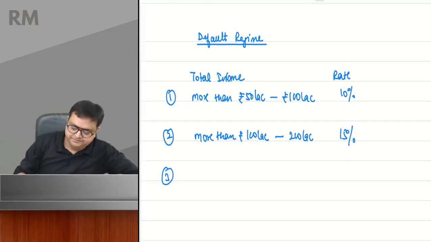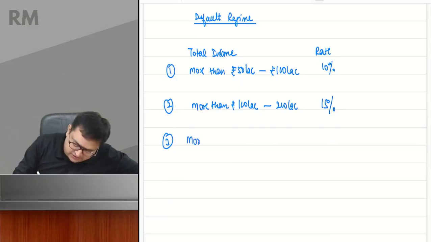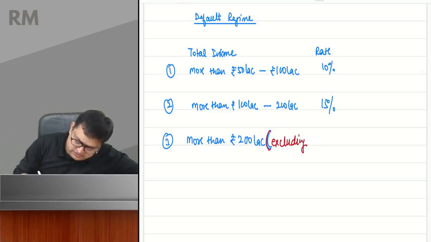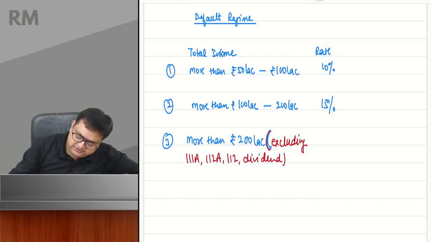Third, if it is more than 2 crores, 200 lakhs, excluding 111A, 112A, 112 dividend income, then the rate of surcharge is 25%.